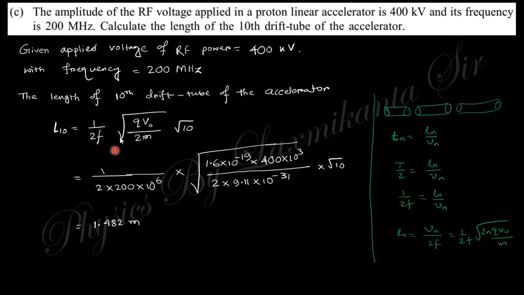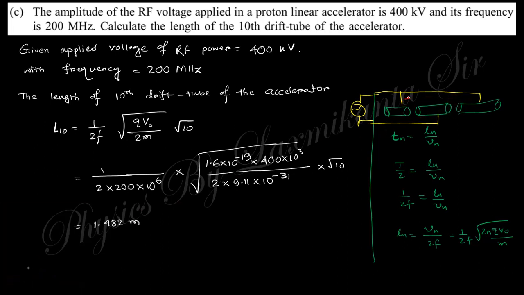Next question says, the amplitude of the RF voltage applied in a proton linear accelerator. You know in the linear accelerator alternating voltages are applied here. You can see these are connected to one terminal of the voltage. This is an AC voltage like that. So alternating voltages are given here, and the frequency of this alternating voltage matches accordingly. When the particle goes from that tube to that tube, the electric field is in that direction, but when it reaches that point the electric field direction is reversed.